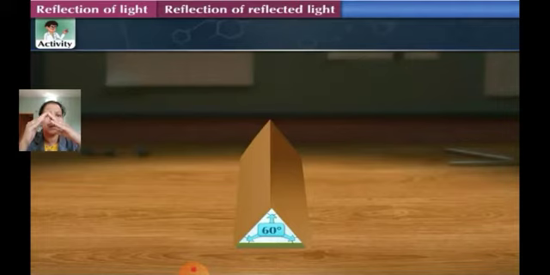It is a pyramid-like structure in which the mirrors are placed at an angle of 60 degrees, so you can also call it an equilateral triangle type. When you fold all these mirrors together, they make an angle of 60 degrees with each other.